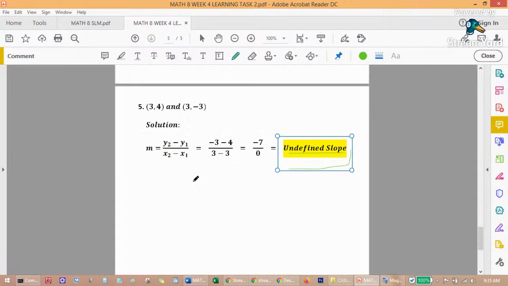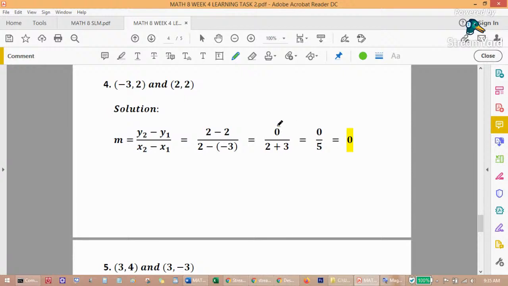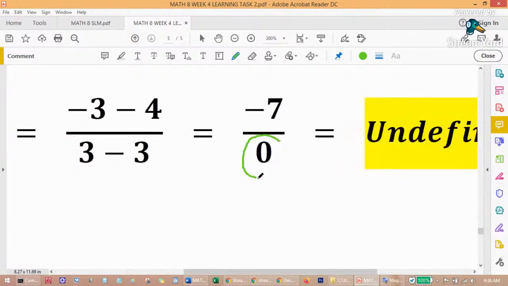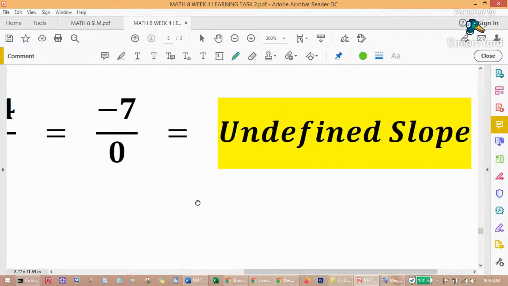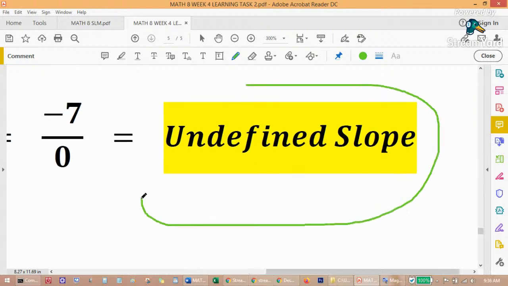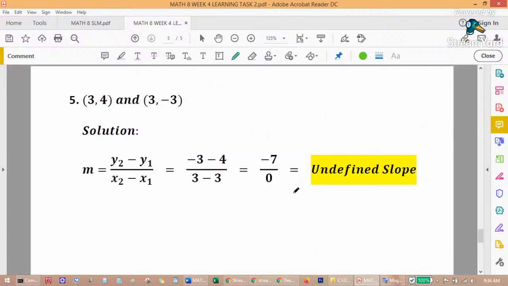So, again, if the numerator is 0, no problem, the slope is 0. Just don't have a 0 in the denominator. The calculator can't handle it and will show an error when you divide by 0. Therefore, that is an undefined slope. Okay? And that's it for learning task 2.